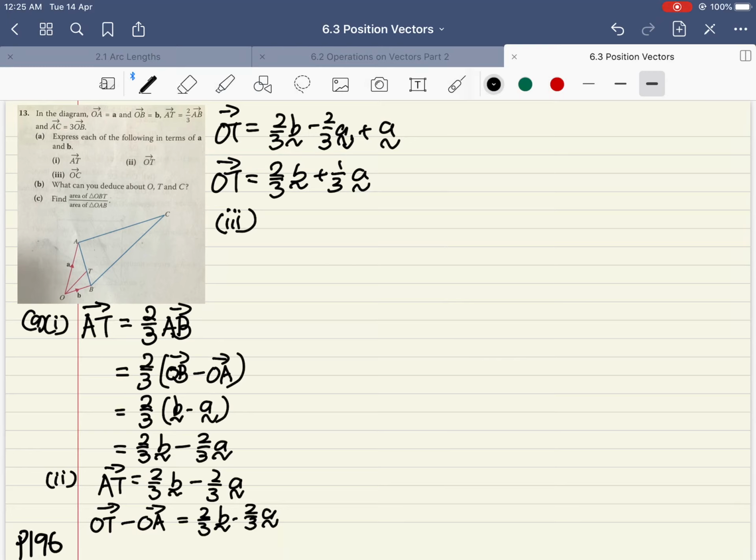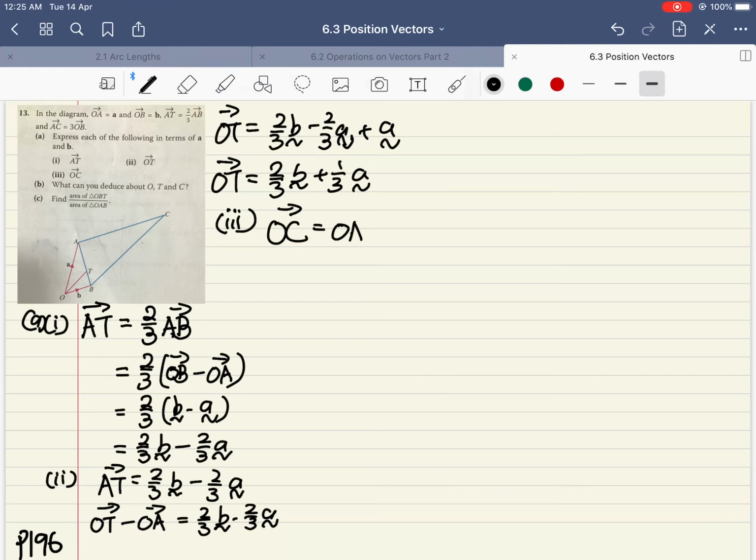For part A(3), OC. If we look at the diagram here, OC is down here. OC can be written as OA plus AC, and AC I know is equal to 3 times OB.